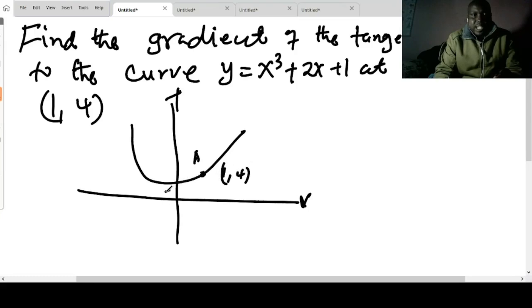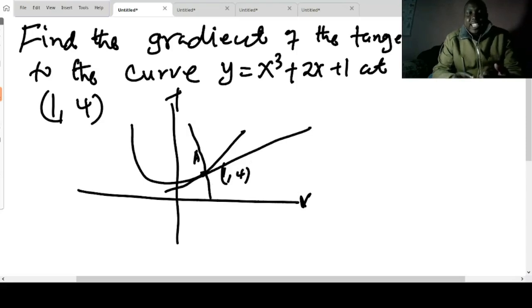So where the tangent is drawn here is where we are looking. So the normal itachorwa na ipitie pale. So the normal and the tangent pass through the same point. So they share that point. Understand that place. The normal and the tangent, at that point they have the same point. That's (1, 4), because they meet there. That's where they intersect.